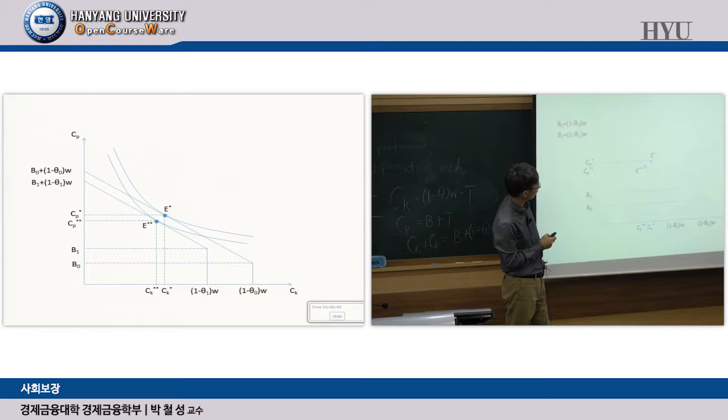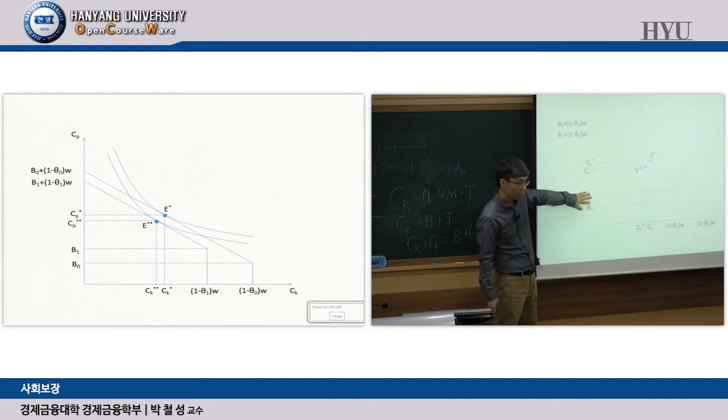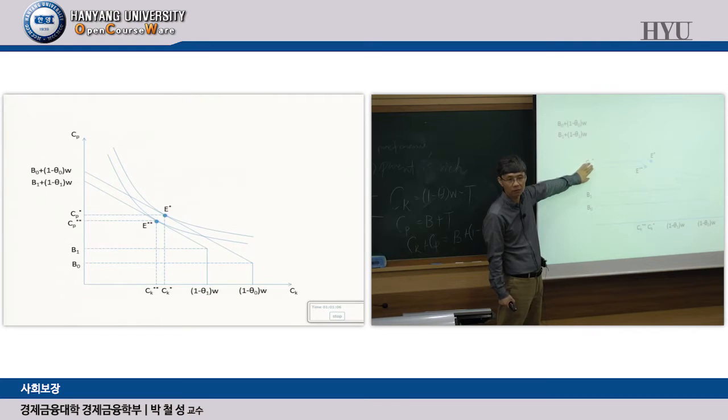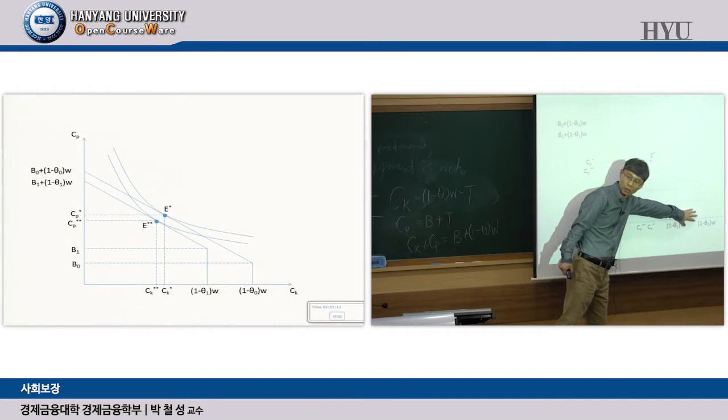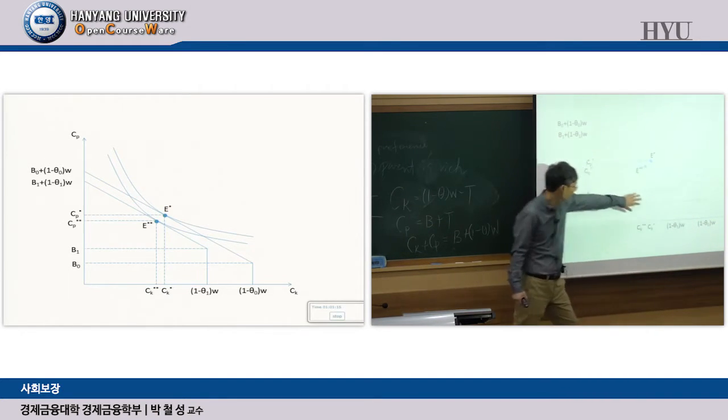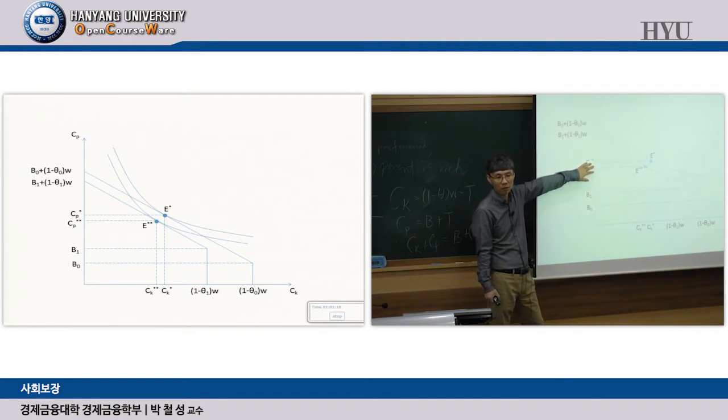Now what happens? The whole thing just shifts down. Then the change from E star to E2 star means both generations will consume less. In this case, it's a bit ironical, right? Actually, the government gives more money to their parents, but it ends up the parents actually consume less. Because the loss of their child generation is so large, to compensate for the loss, the parents will consume less.